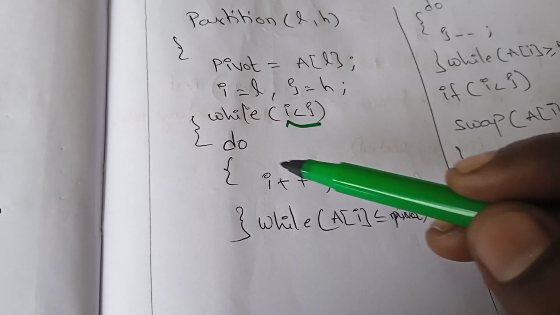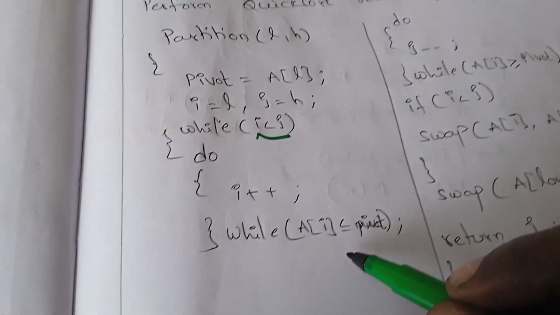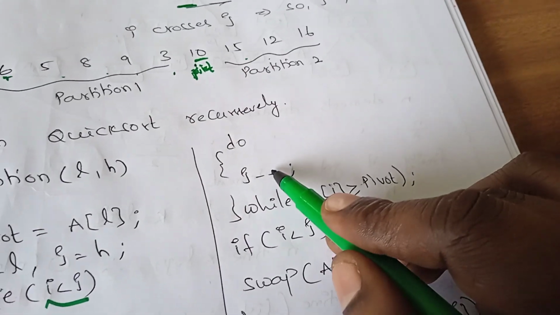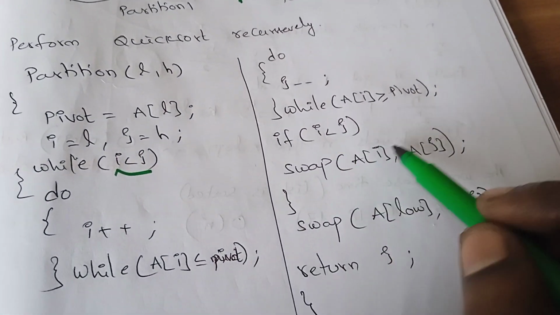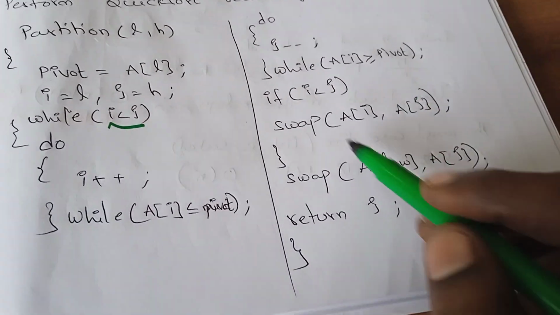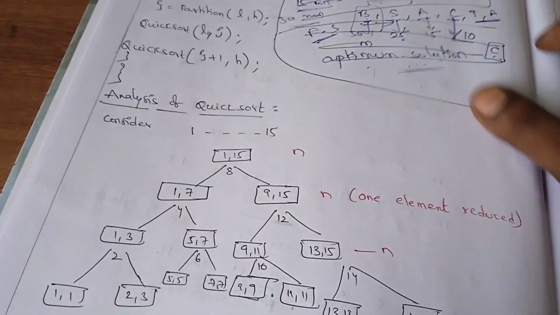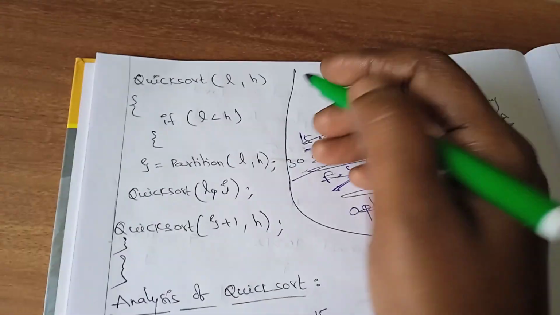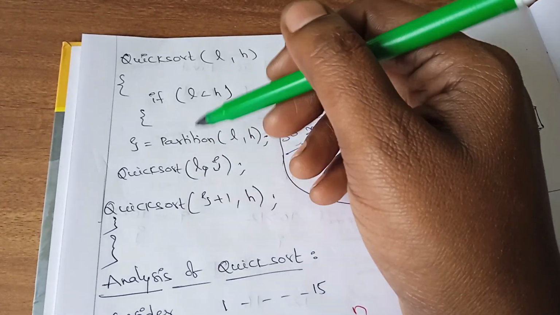We increase i till we find an element lesser than the pivot, and decrease j till we meet an element greater than the pivot, and we swap, right? And this is the task we will repeat. So this is the quicksort algorithm, and this is the function call, right?